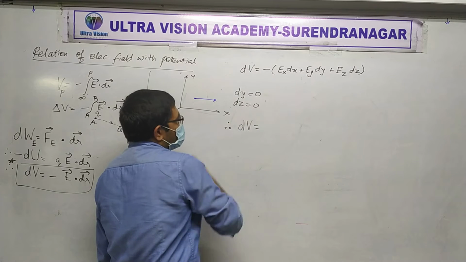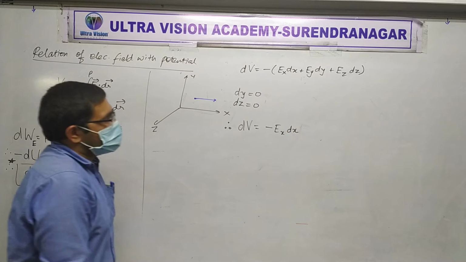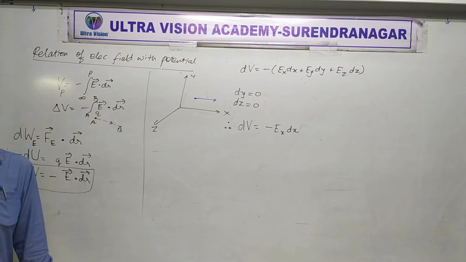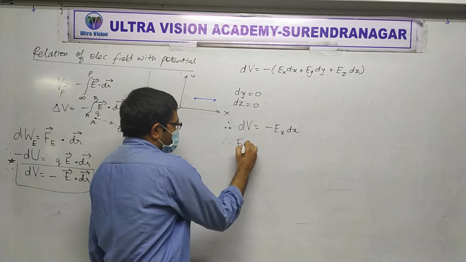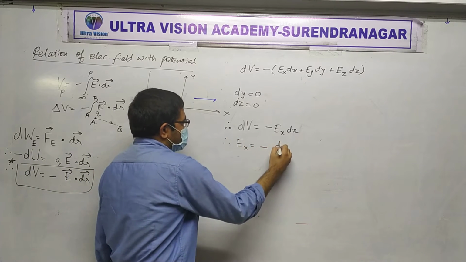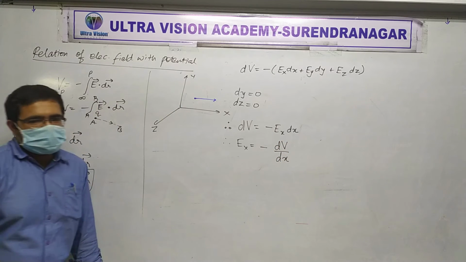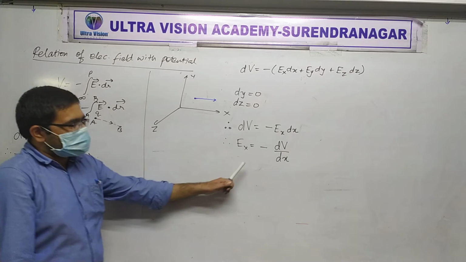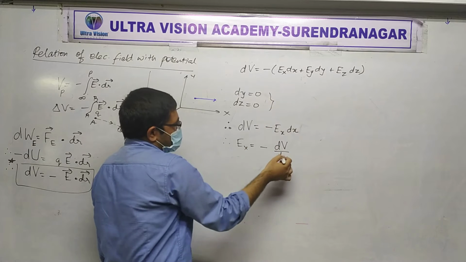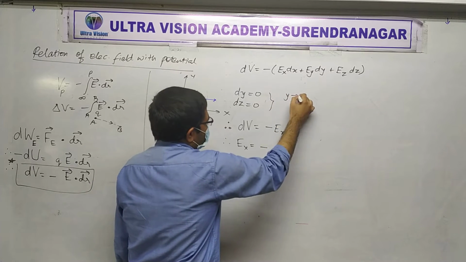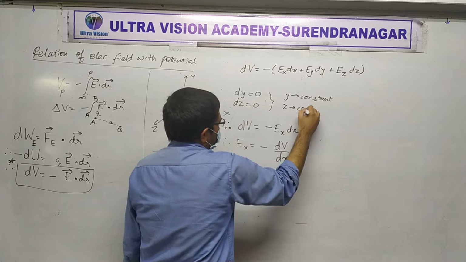If we apply that here, for this particular case dV is equal to minus Ex dx. The rest is zero. So ultimately we get Ex equal to minus dV by dx. Although this looks like differentiation, it's not ordinary differentiation. We made two assumptions to reach this step: y is constant and z is also constant.